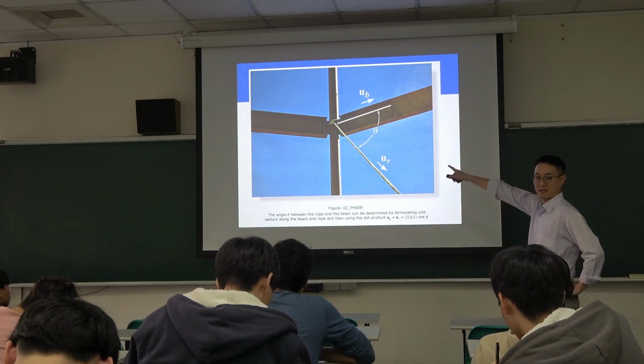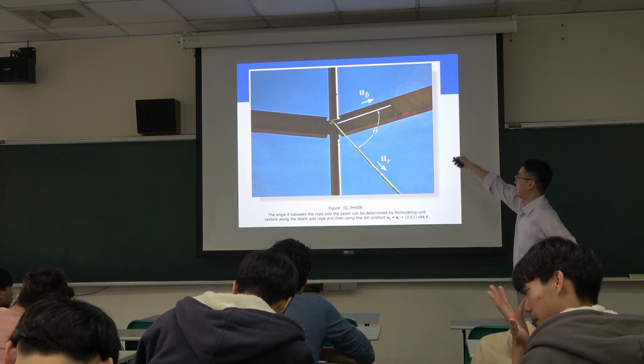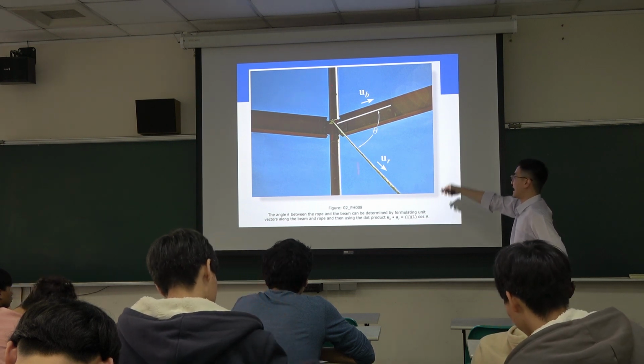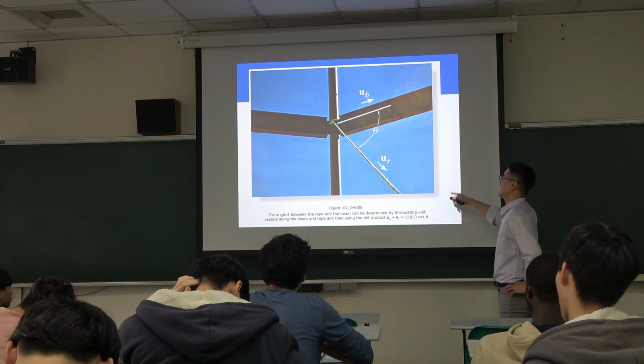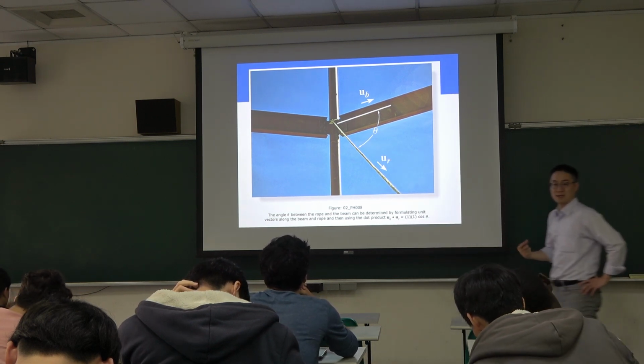Okay, that's a similar application. If we have a rod here, a structure element that looks like this, we can use the dot product to work out the angle for us.